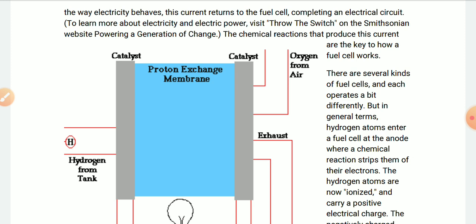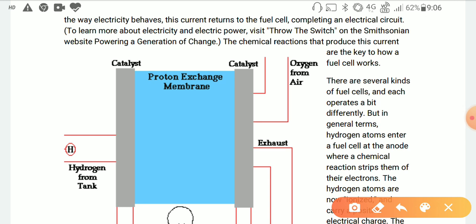At the anode side, where the hydrogen is applied, the hydrogen is split into hydrogen ions and electrons, and at the cathode side, the oxygen combines with this hydrogen ion and electron to perform the operation of the fuel cell.